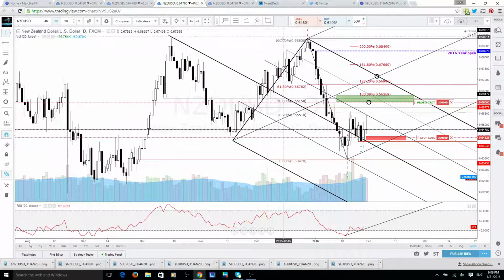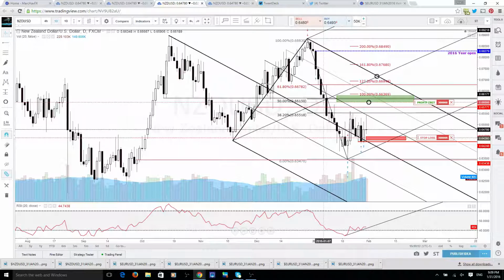So it's a method. It's not a 100% foolproof method, of course not, but look, it really caught it. If you went long here, you would have had 200 pips easily with a 10 pip stop or 20 pip stop, whatever. All right.